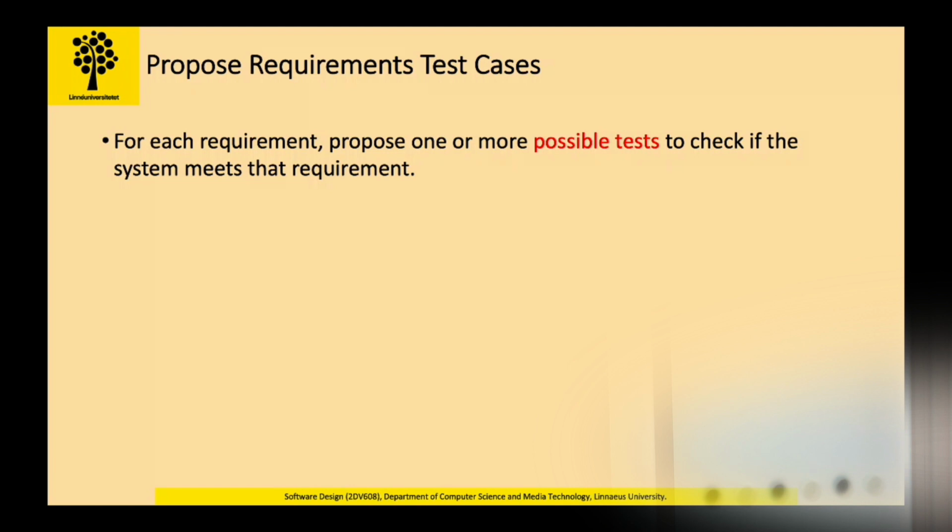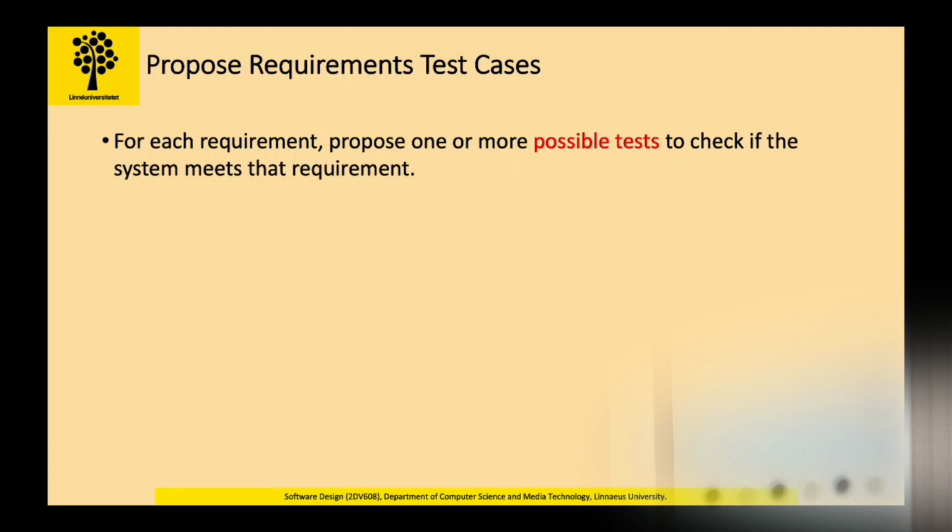Proposing test cases is again similar to proposing a user manual draft. When you are proposing a test case for a requirement, if you are not able to propose one, that means the requirement is incomplete, ambiguous, not consistent, or has other problems.